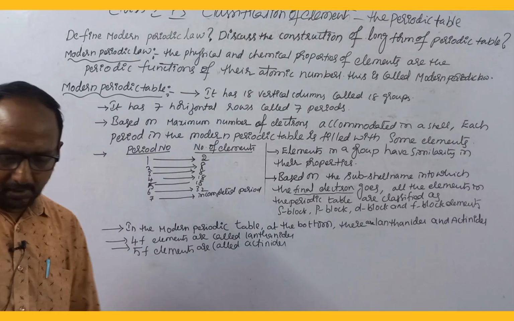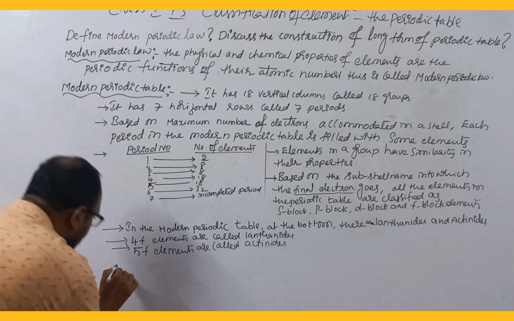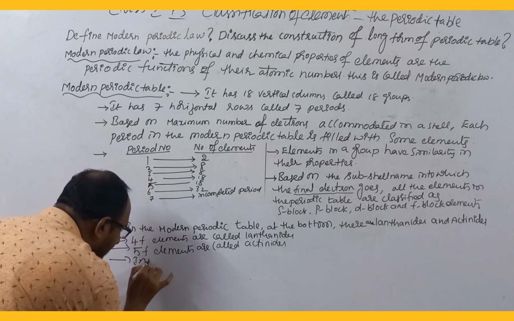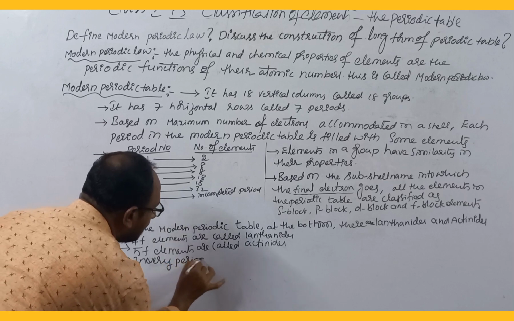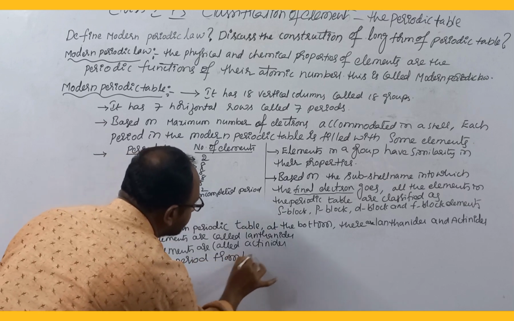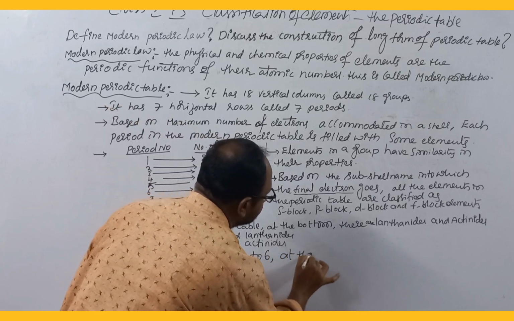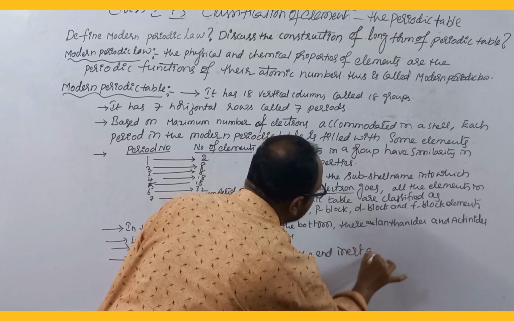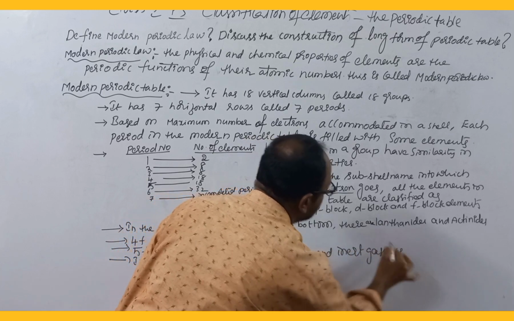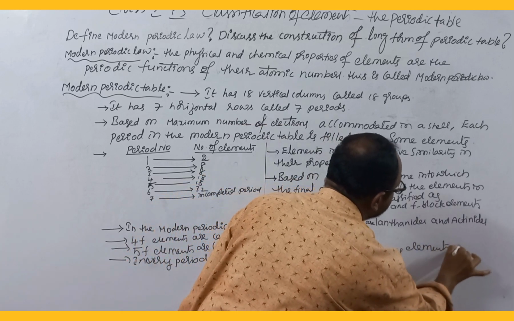Next, in every period from 1 to 6, at the end, an inert gaseous element is there.